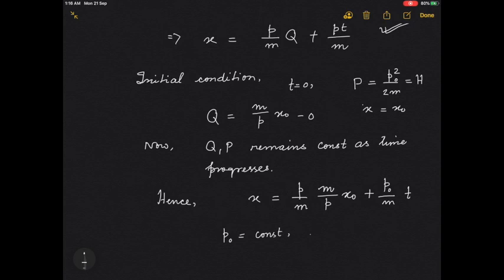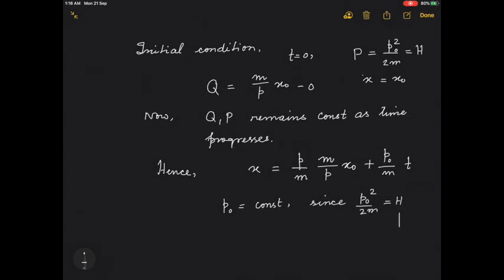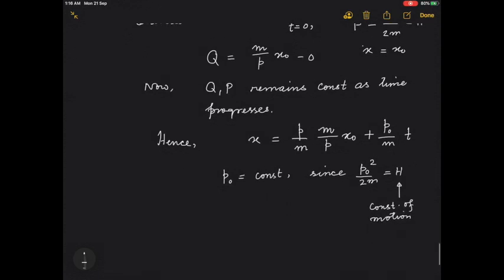Why did I say p naught is constant? P naught equals constant here in this particular problem, since p naught square by 2m is the Hamiltonian, and our Hamiltonian is a constant of motion.